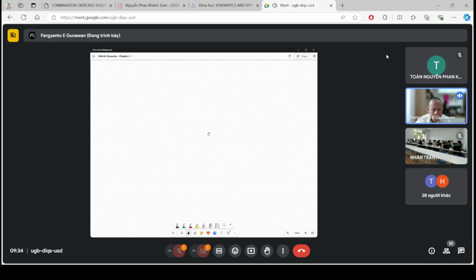Okay, so now we're going to discuss the second issue, which is the maximum acceleration on a level road. What is the maximum acceleration on a level road, right?